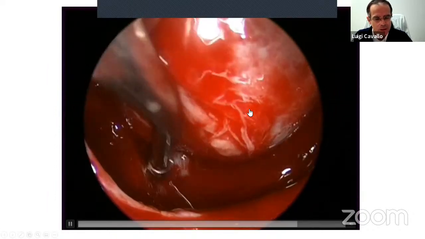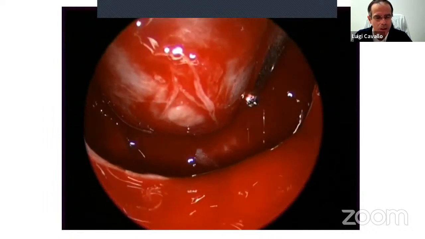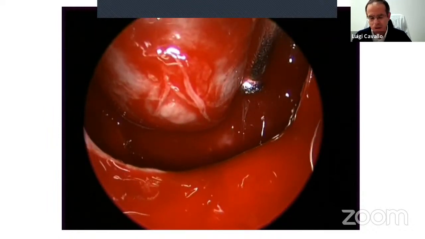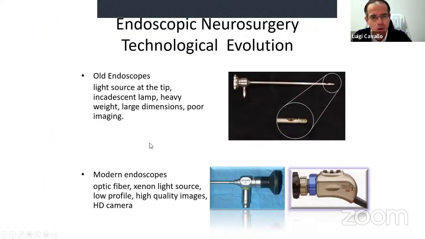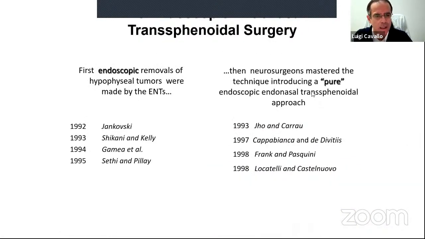So Gérard Guiot really has to be considered the true pioneer of the endoscopic endonasal technique. But of course, at that time, the overall quality of the endoscope was quite poor, and we had to wait more than 30 years before we were able to use the endoscope again through the nose.